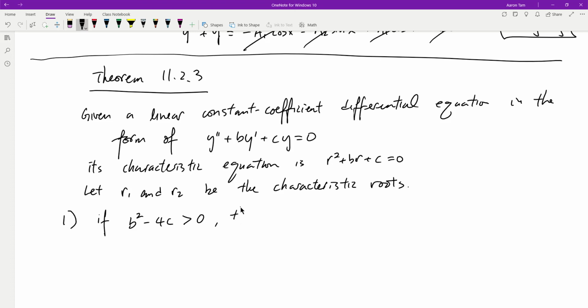Then what we know is this: R1 and R2 are real, and we know they are not equal to each other.